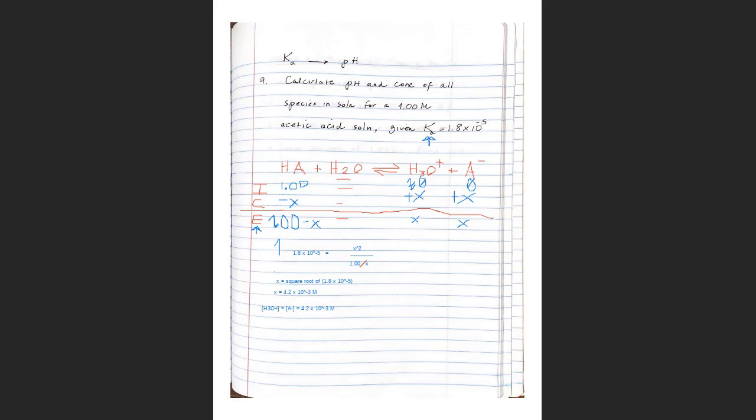Like this, if you can see my tiny text. As for the concentration of HA, it is going to be 1.00 minus the very small value of 4.2 times 10 to the power of negative 3 molar, which rounds to basically 1.00 molar.